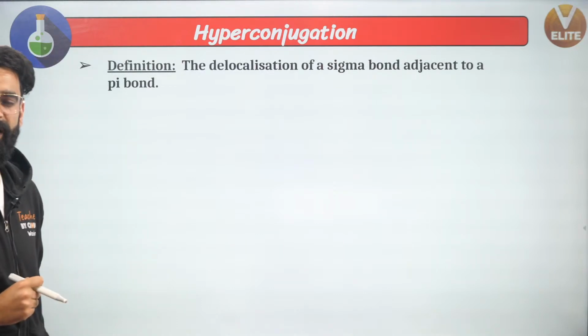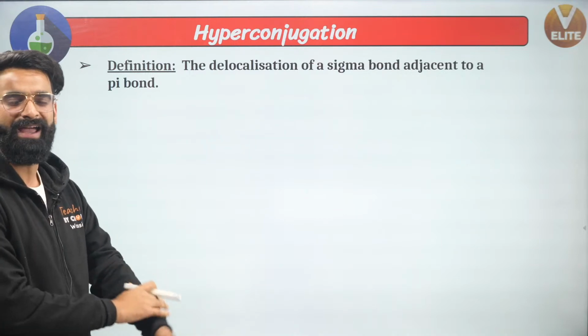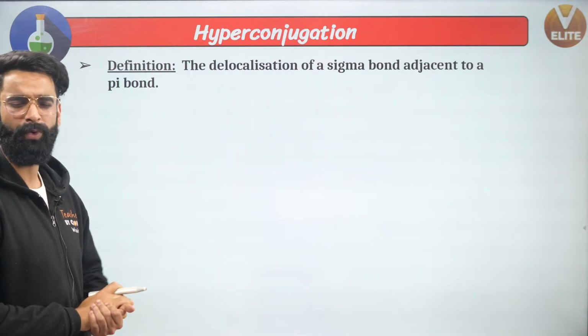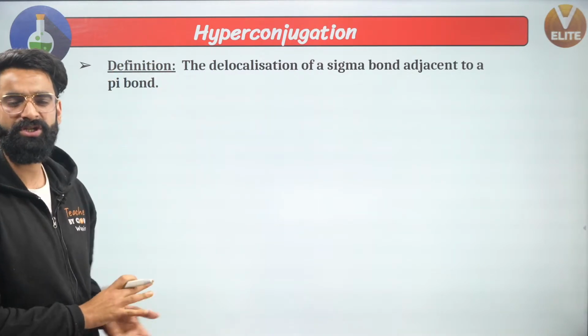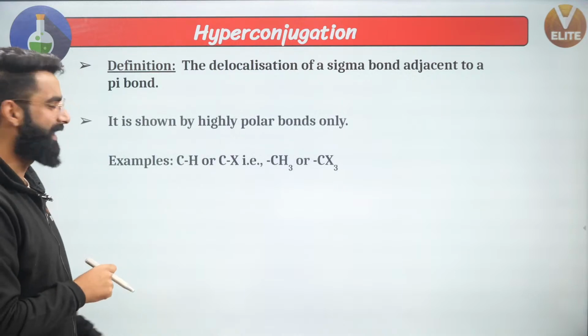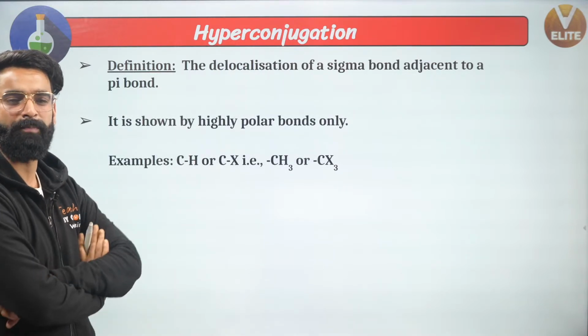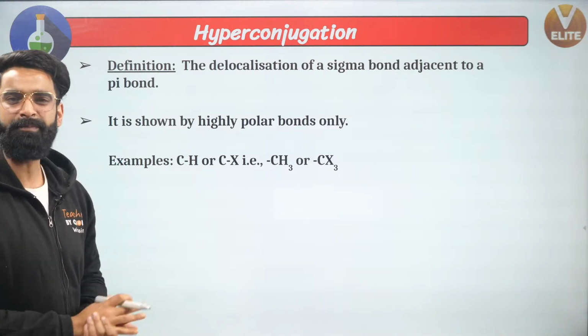As per the definition, hyperconjugation is the delocalization of a sigma bond adjacent to a pi bond. What does that mean? Before making you understand the definition, let me tell you, hyperconjugation is shown by highly polar bonds only. And what are these highly polar bonds?